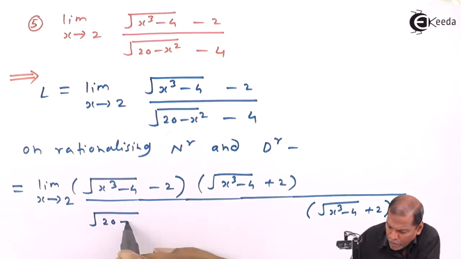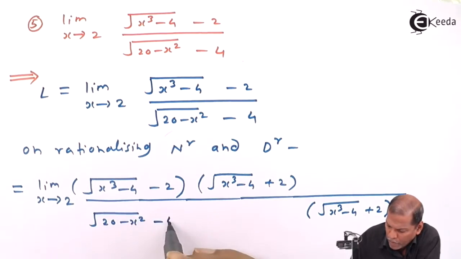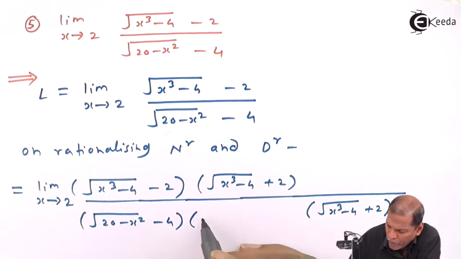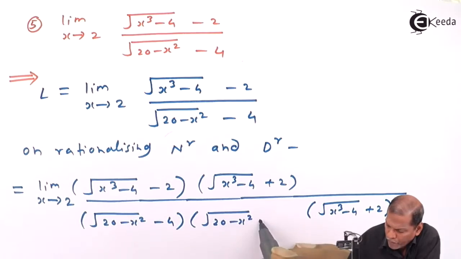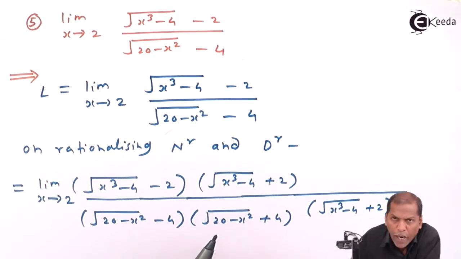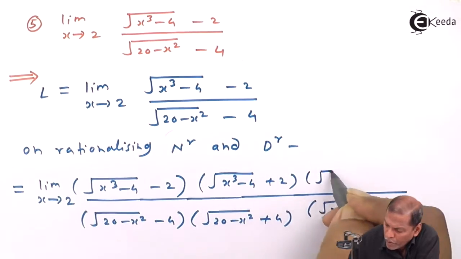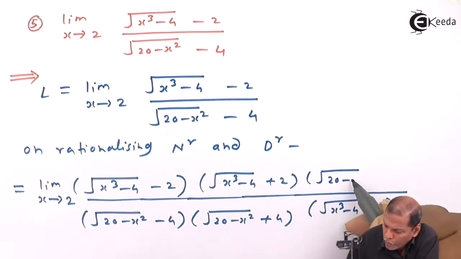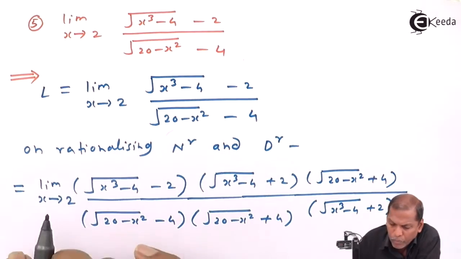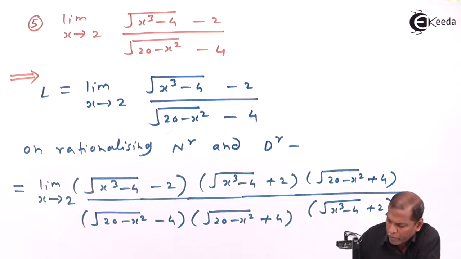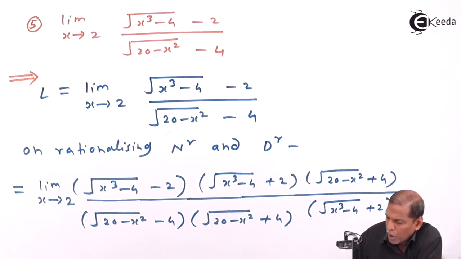in the denominator, square root of 20 minus x square minus 4 in the first bracket, then square root of 20 minus x square plus 4 in the second bracket, and the same term, square root of 20 minus x square plus 4, in the numerator. Now the numerator and denominator are of the type a minus b and a plus b.